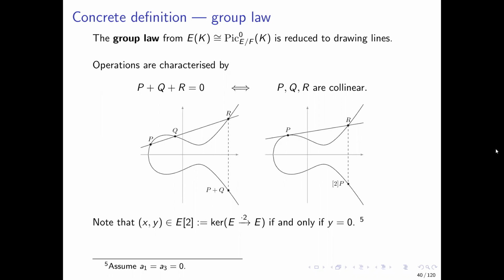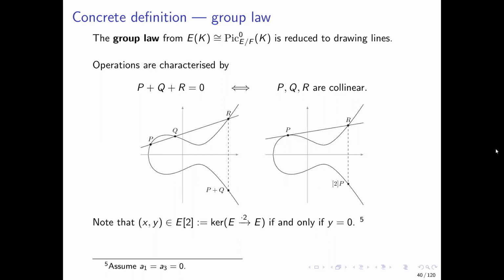So it must intersect this point and the point at infinity, which you can imagine as the thing at the top. And then that is in the 2-torsion subgroup, which I'll write E[2], if and only if the y coordinate is 0, which means it lies on the x-axis, and vice versa. Maybe you didn't get what I'm saying.